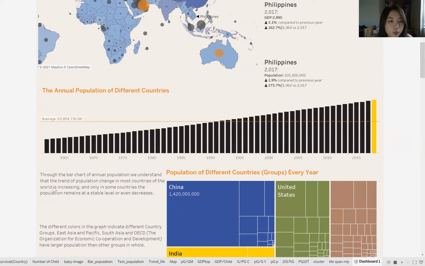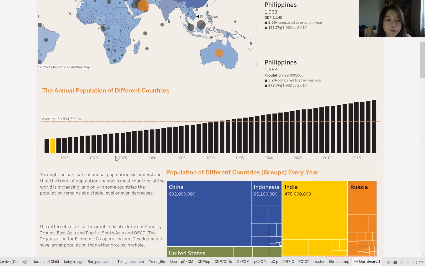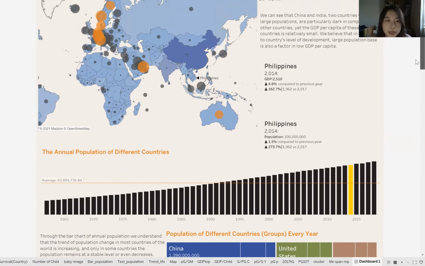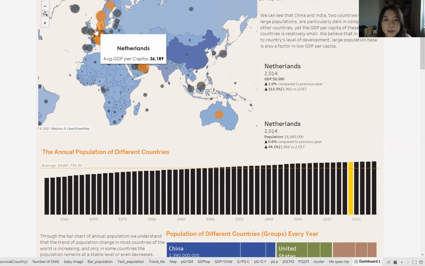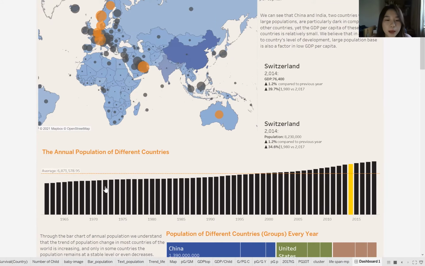Through this chart, we understand that the trend of population change in most countries of the world is increasing, and only in some countries does the population remain at a stable level or even decrease, especially in some developed countries like Luxembourg and the Netherlands. They sometimes keep a stable level.